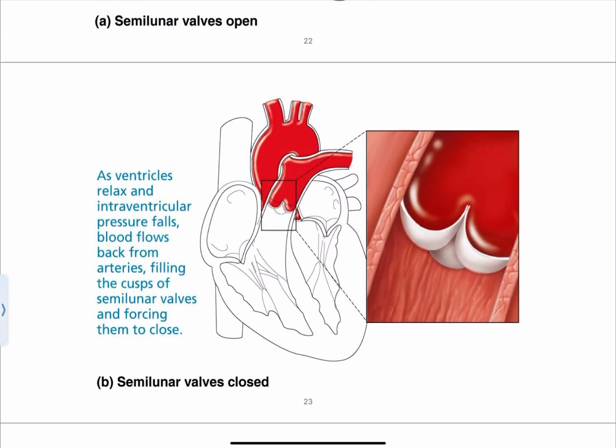As the ventricles relax, the intraventricular pressure falls, and the blood starts flowing backwards, heading back toward our ventricles. The blood flowing back toward the ventricles is what pushes those semilunar valves closed until we refill and our ventricles contract again.